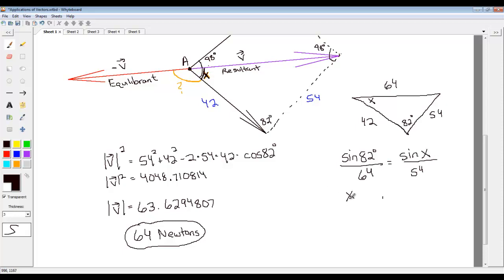I'm going to get that x is 56.67197128. Then to get the question mark, I can do 180 minus x, and I'm going to get around 123 degrees. So roughly, that angle is around 123 degrees.